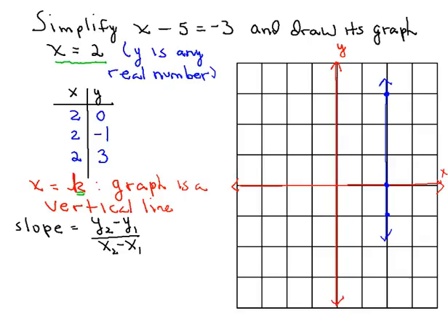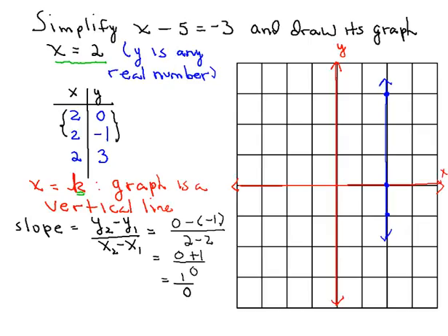So if we choose, let's say, the first 2 points in our table to find a slope in this particular case, we're going to have then 0 minus negative 1 all over 2 minus 2.